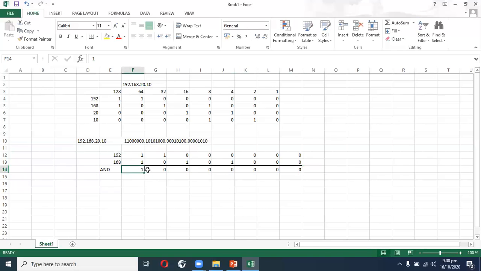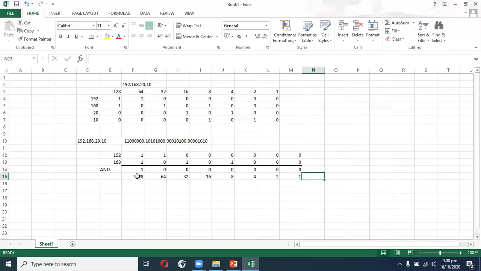When we use this formula, let me write it down. 128, 64, 32, 16, 8, 4, 2, 1.